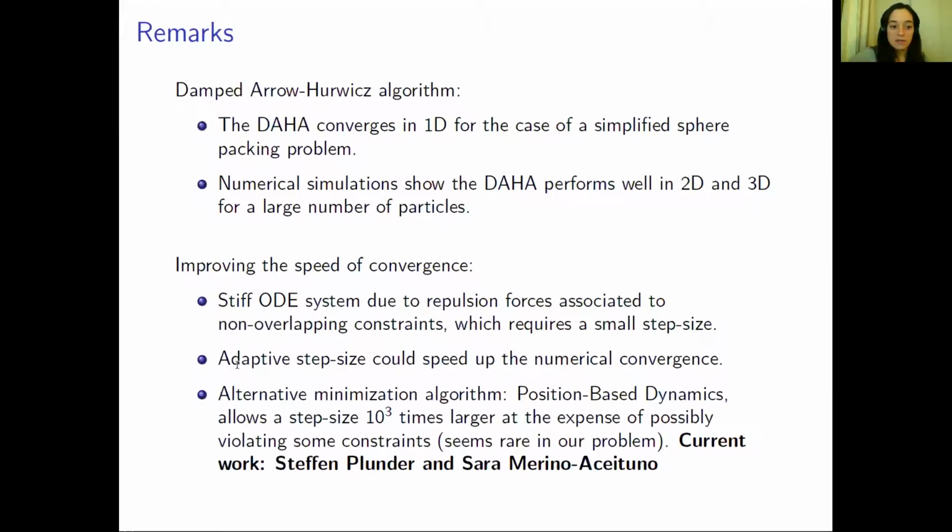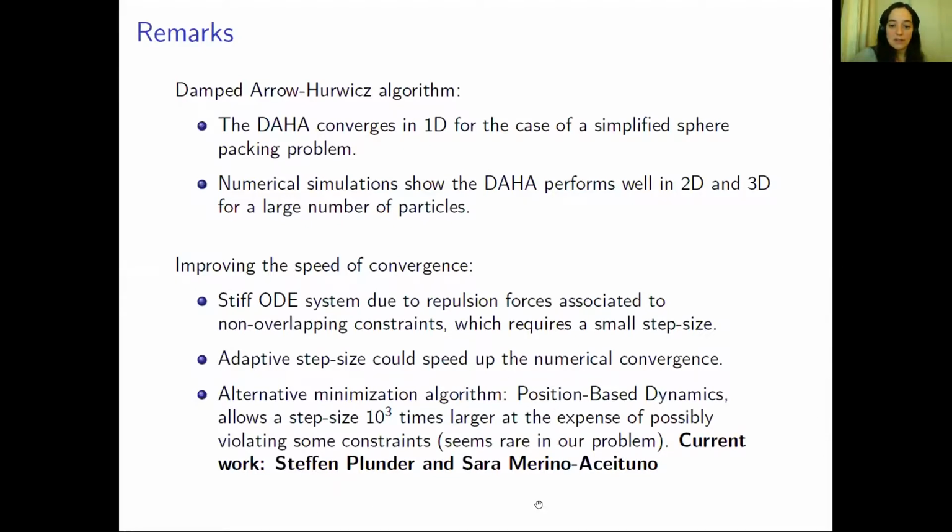One possible improvement would be to consider adaptive step size to speed up the numerical convergence, or other alternative minimization algorithms like position-based dynamics, which seems to allow a much bigger step size, 1,000 times larger, at the expense of possibly violating some constraints, which seems negligible in our problem.